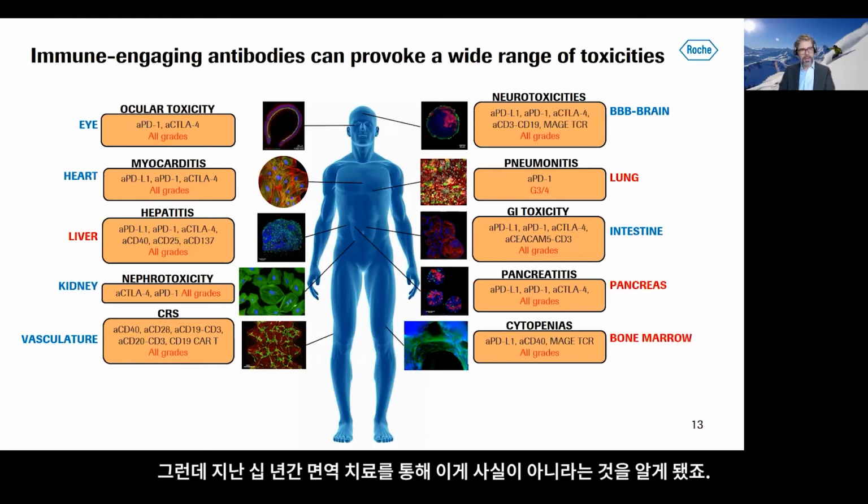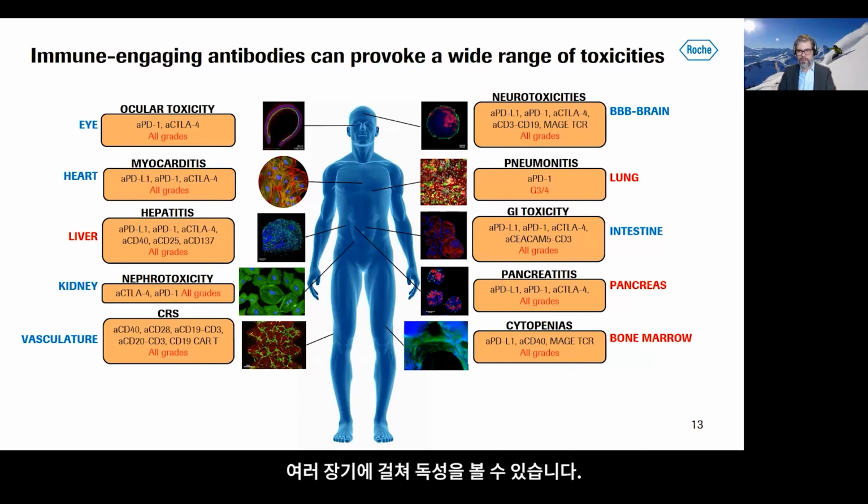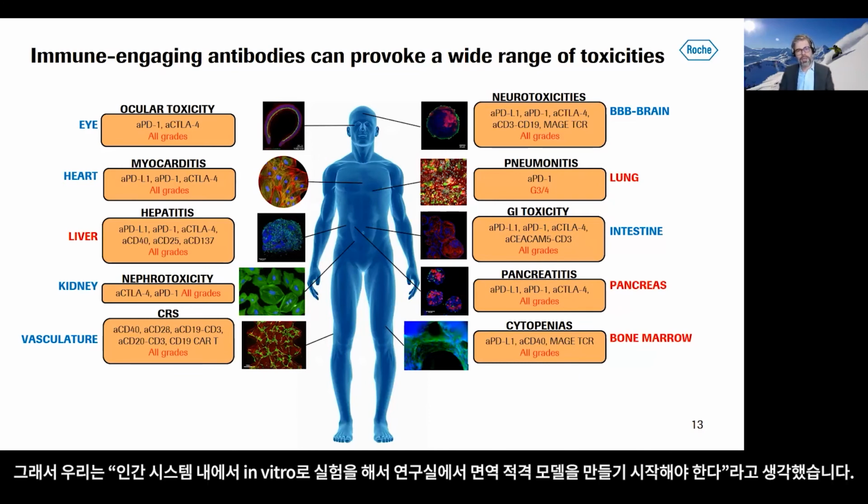But we have learned over the past decade of immune therapies that actually this is not the case, that we do see actually with many of those well-known, mainly checkpoint inhibitors, but also other types of T-cell engagers, we see toxicities in a wide range of organs. So we said we need to be able to test that in vitro in human systems and started to build immune-competent models in our labs.